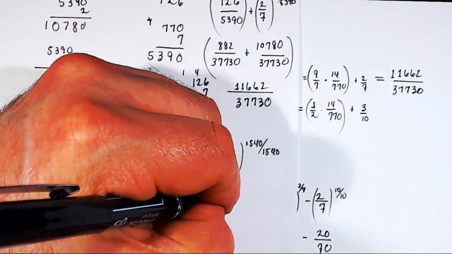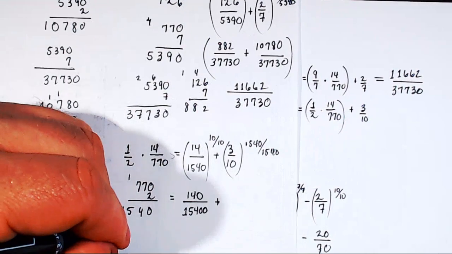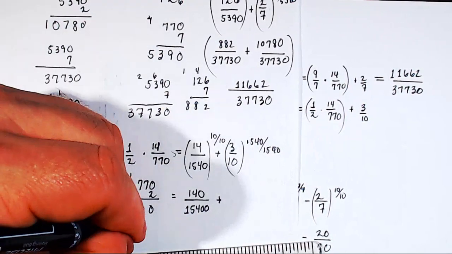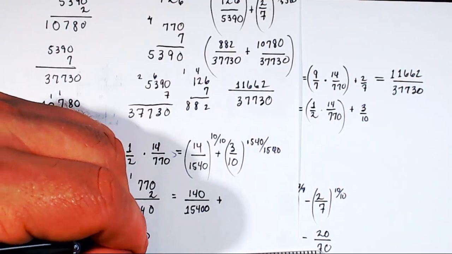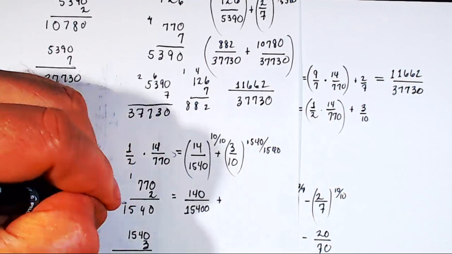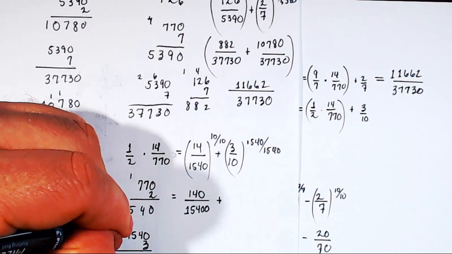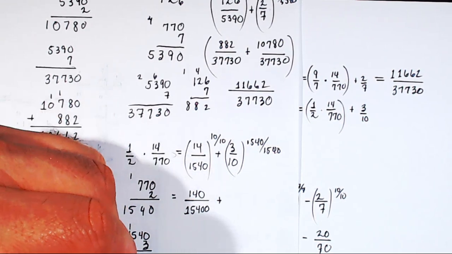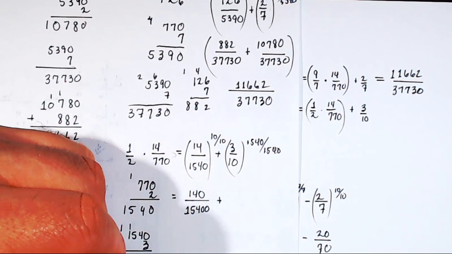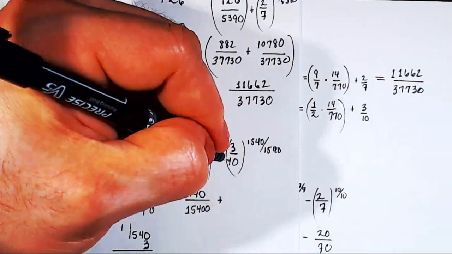Okay, plus 3 times 1540, so we have to do that little intermediate computation. 1540 times 3 is 4620.